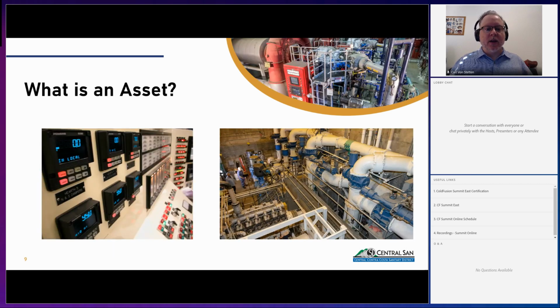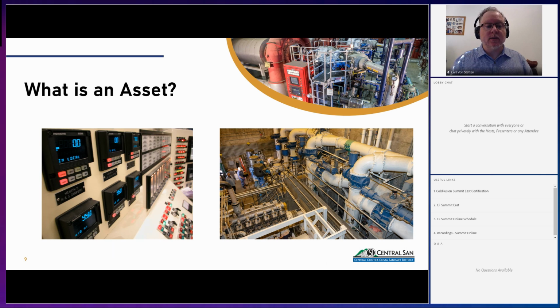Then we get into inside of our treatment plant and our pumping stations. In the upper right, we have a big steam-driven turbine that delivers air to our aeration basins that keep the microbes that are doing the biological processes happy. All of the equipment associated with that, and as you can see, it's a very complex system there.